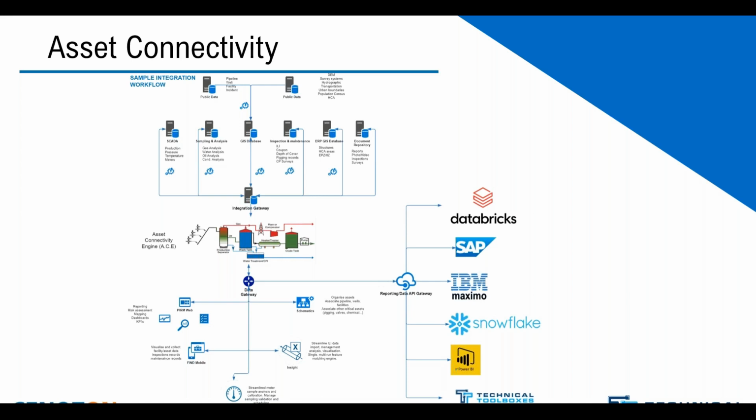And then we have a whole host of applications to support visualizing the data, adding value, risk assessments, providing insights, or for example, for ILI data analysis, run-to-run matching, and analysis on your inspection data, as well as mobile apps to help collect this data if we don't already have it in a digital format. So actually creating your digital twin, and all of this feeds into our asset connectivity engine.